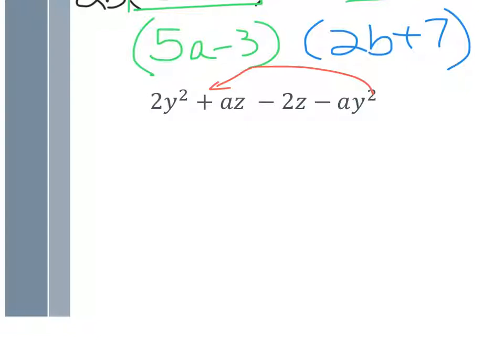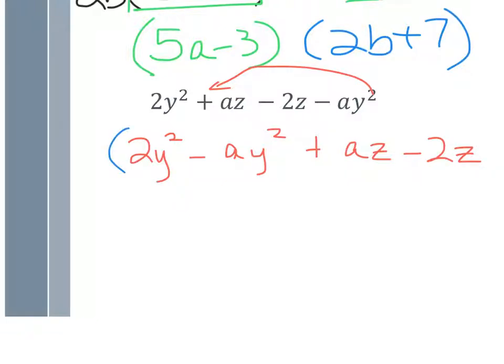So instead, I'm going to do 2y squared. I'm going to pull that last term right next to it, then the az, and then the 2z. Again, it doesn't matter. There's more than one way to do these. So I'm going to do it this way. Group here, group here.